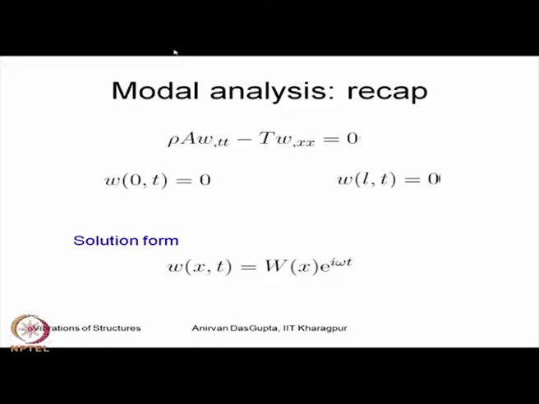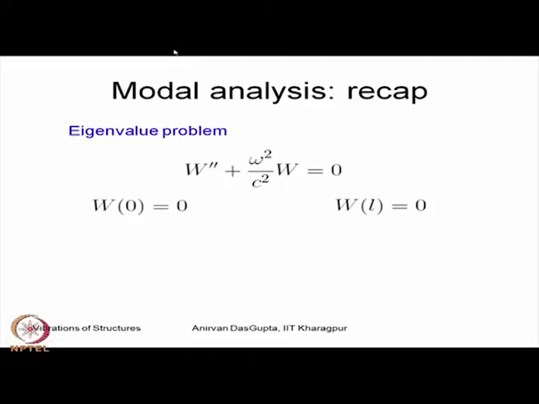Now, we substitute this solution form in the equation of motion, and what we obtained was the eigenvalue problem, consisting of the differential equation as shown here and the corresponding boundary conditions.